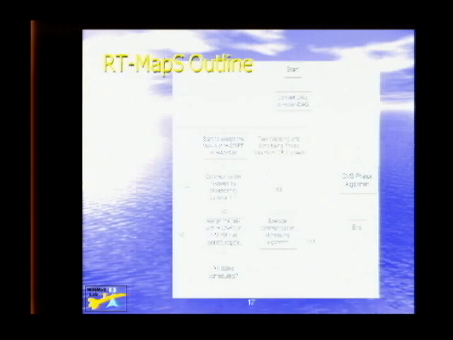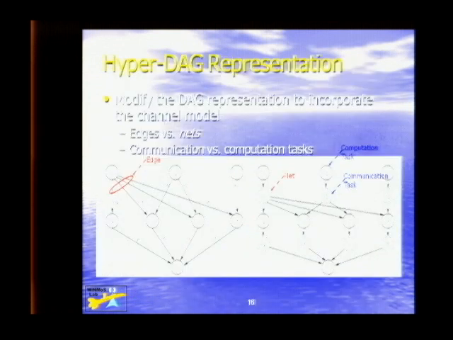So the idea is you get the DAG, you convert it. If you go back one slide, the graph on the right hand side is called a hypergraph, and since it's a directed acyclic graph, we call it a hyperdag.